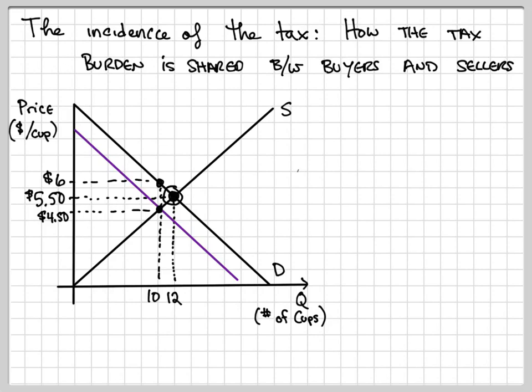So, the way we think about the incidence of the tax is comparing how much they pay after the tax or receive after the tax to what they get from before the tax.